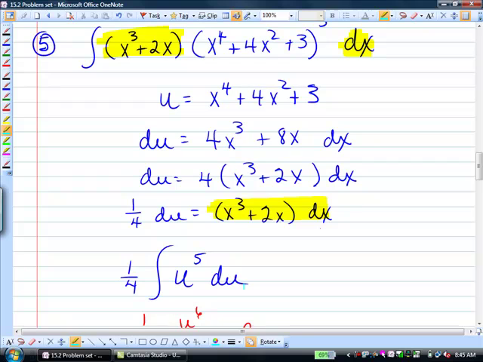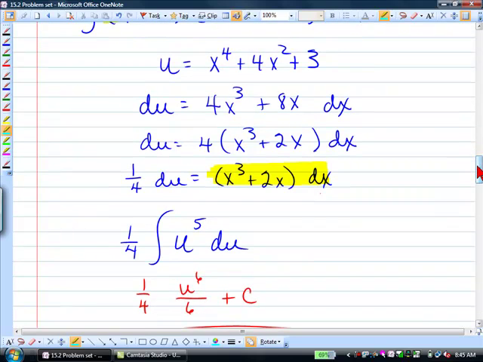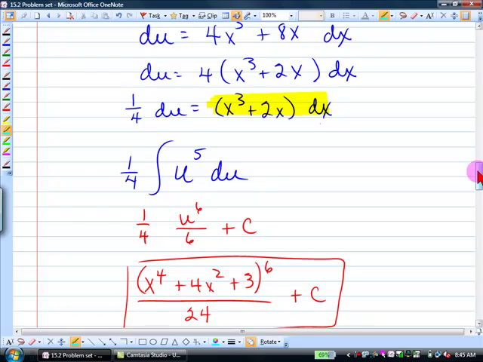If you can get it to u to the 5th, that's pretty easy. So you have 1/4 of u to the 6th over 6 plus c. And then you plug back in whatever u was. And where did this 24 come from? 4 times 6, 24. So here's your answer plus c.